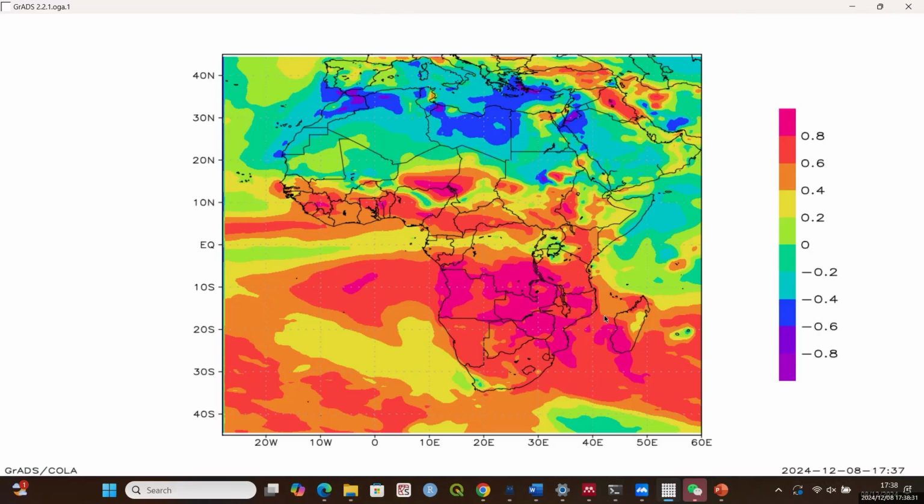If you're able to answer such questions, it means you are starting to do your research at the beginning of the research. Of course, you can play around with GrADS later to make such graphics much clearer than this. So this is the correlation.